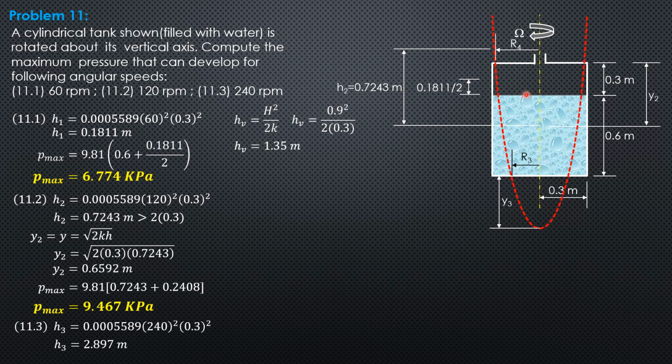Then apply the squared property of parabola. Y3 as to r3 square equals y3 plus height 0.9 as to r4 square equals 2.897, height of paraboloid of revolution, times radius of paraboloid 0.3 square. So r3 square is 0.3 square y3 over 2.897, while r4 square is equal to 0.3 square times quantity y3 plus 0.9 over 2.897.